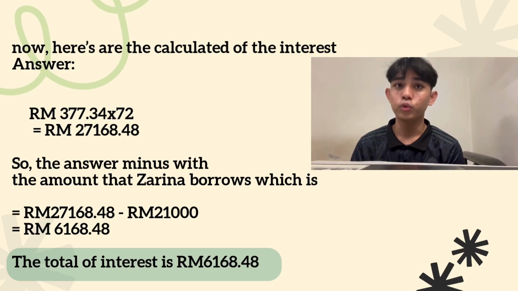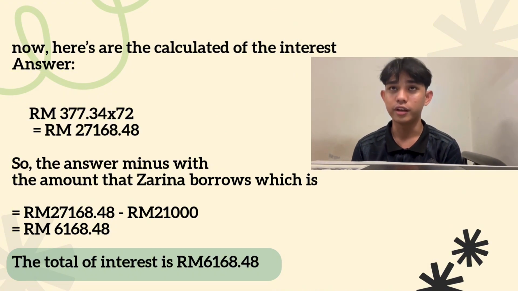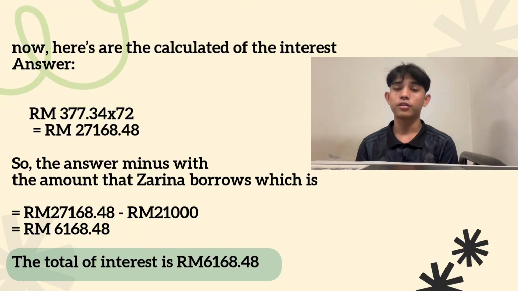We need to subtract the amount that Zarina borrowed at first, 21,000. So we will get 6,168.48. That's the total interest.